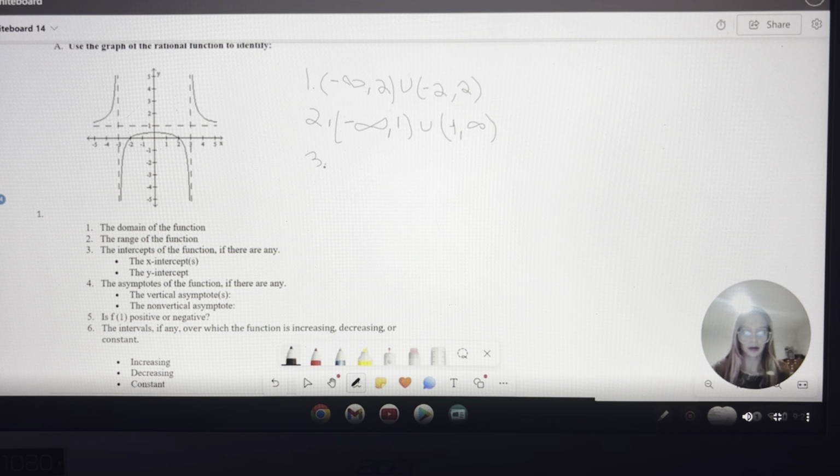So the x-intercepts will be x equals negative 1 and x equals 1.